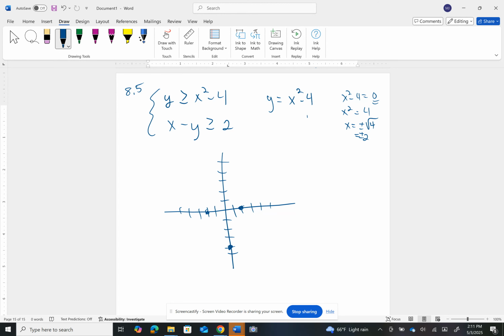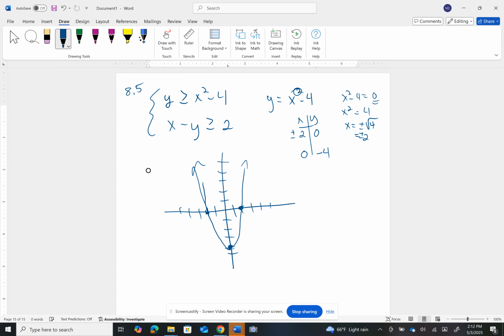So really I can just do this by finding some ordered pairs. I could put a 0 here, and I would get both 2 and negative 2. And if I put a 0 in for x and plug it in, then 0 squared minus 4 gives me negative 4. Knowing it's a parabola because it has that squared on it, it's going to wind up being a U that does something like that.